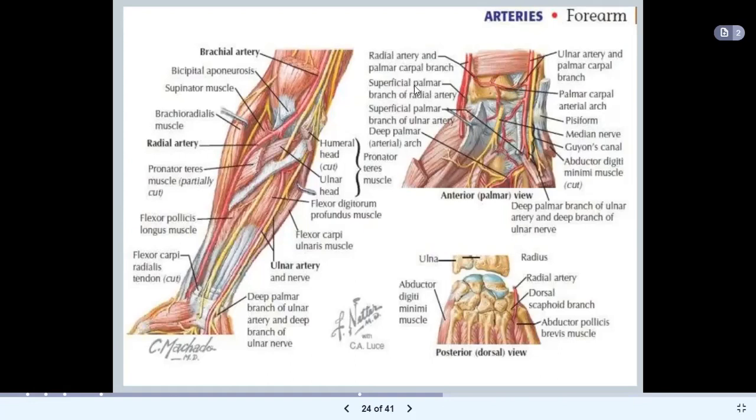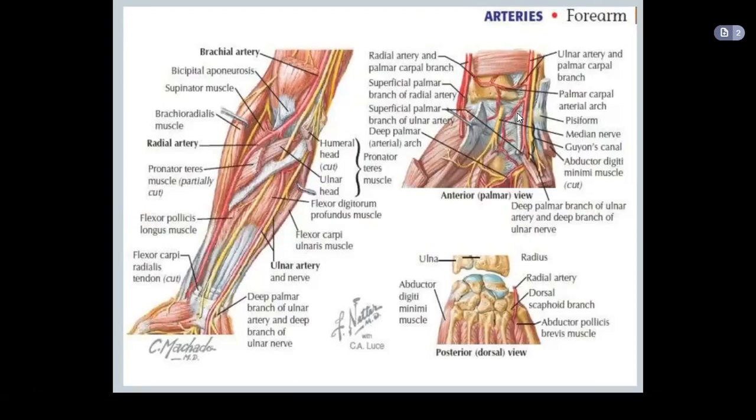Then you have the superficial palmar branch of the radial artery, this one. And then you have the superficial palmar branch of the ulnar artery. So both are joining also to form the superficial palmar arch that are here.